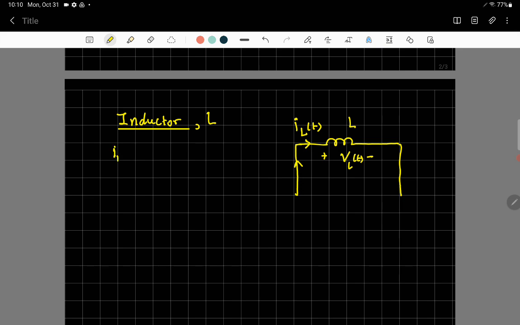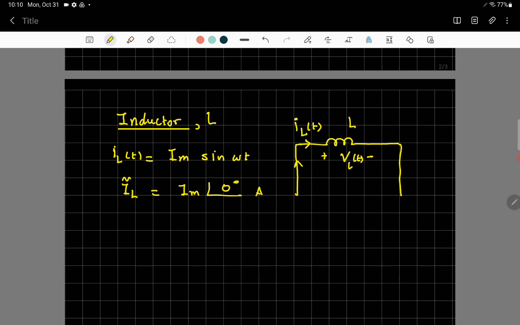Let's assume that the current in the inductor is sinusoidal, so you have the maximum value of the current, and let's say sine omega t. If you want to do it in phasor, let's say IL phasor equals Im at angle 0. And now I want to find the voltage.